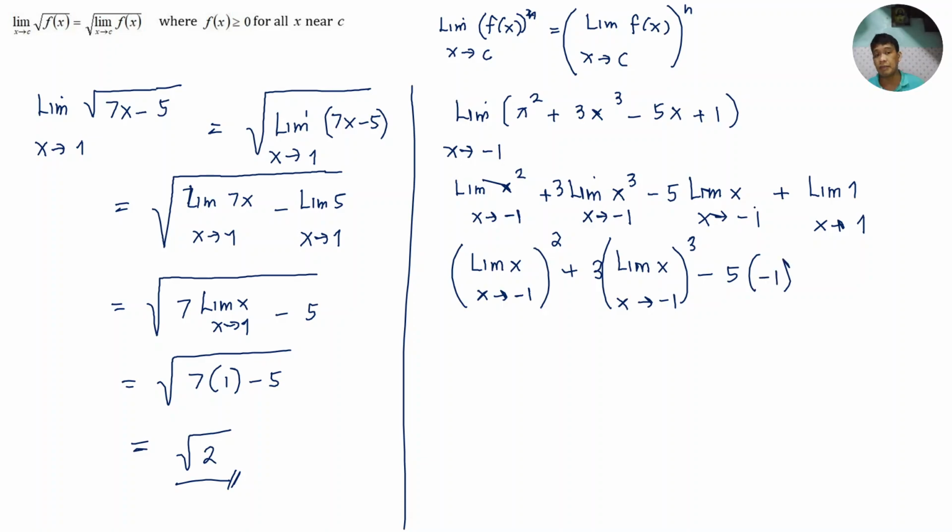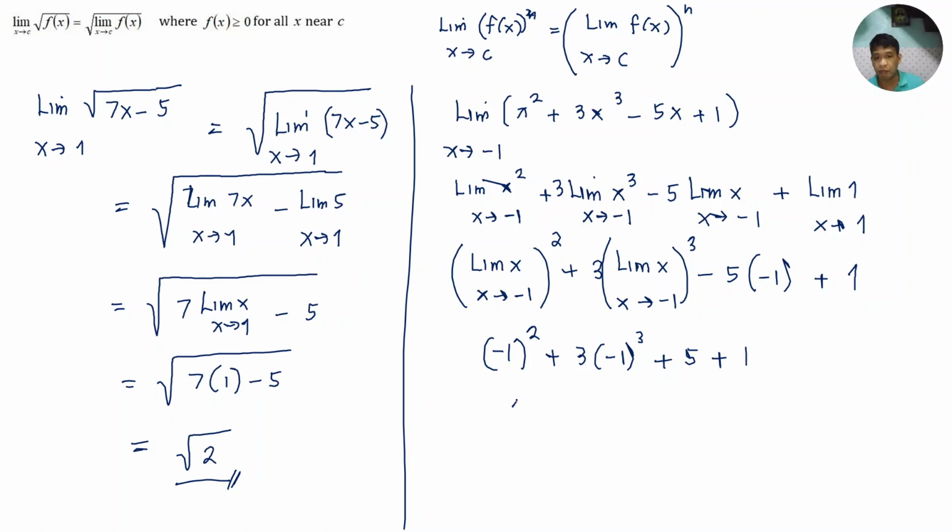So we substitute negative 1 for the value of x, theorem number 2. Plus, of course, the limit of a constant is 1. And that is negative 1 squared plus 3 times negative 1 cubed plus 5 plus 1, because negative times negative is positive.